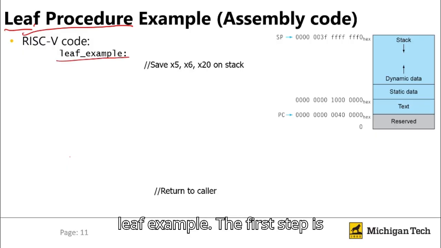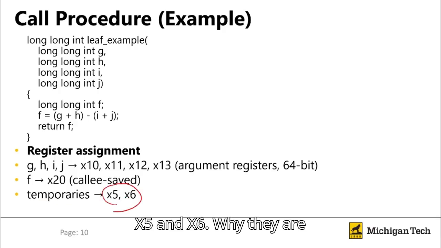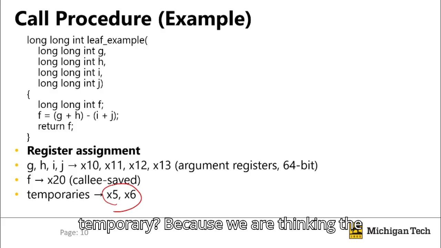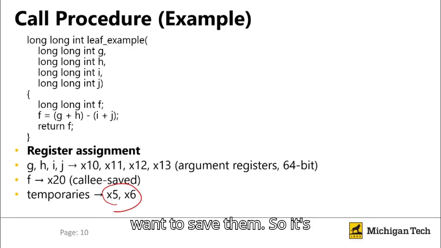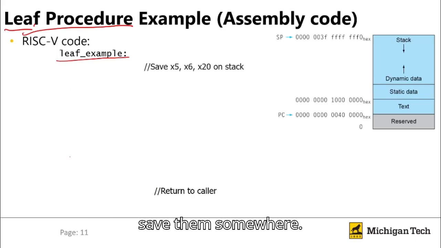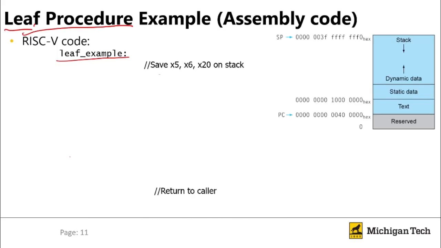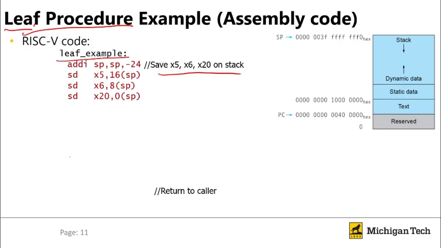The first step is to save x5. We have 2 temporary variables, x5 and x6. Why are they temporary? Because we are thinking the main function is using them, and we want to save them. So it's already mentioned that these 2 are temporary. So we need to save them somewhere.